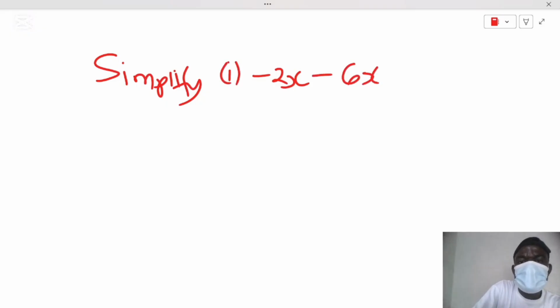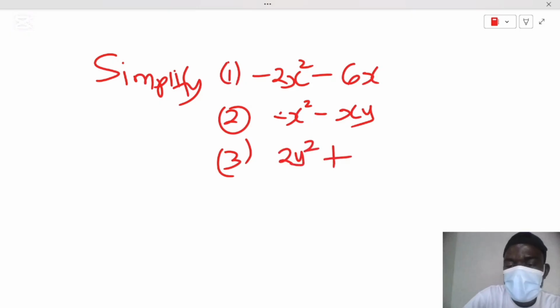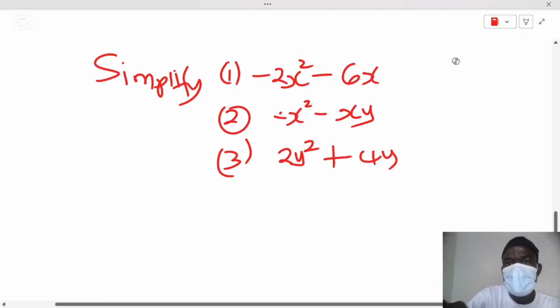The second one is negative x squared minus xy. And here, something like 2y squared plus 4y. These are binomial expressions. So let us see how we can factorize them.